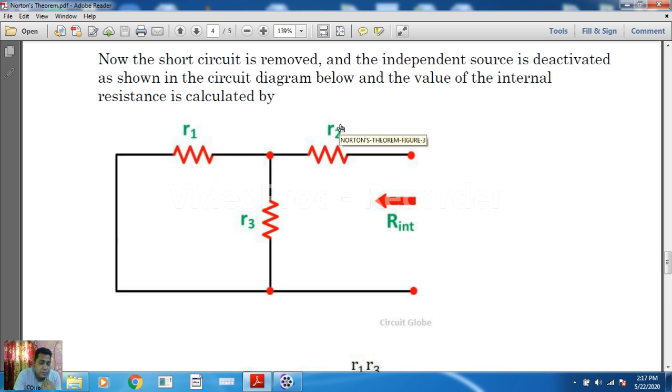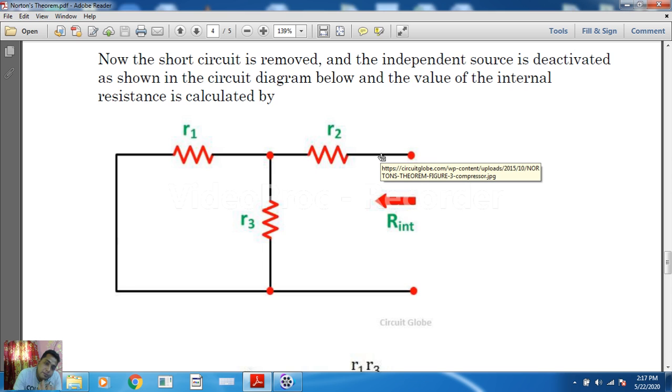Now you can ask me from where the current enters; just check yourself, you will find the same result. Current is coming into the circuit through this node. After coming to this node, it finds two ways, so it will divide. Some current will flow this way, some current will flow that way, and they will add and pass through this R2.